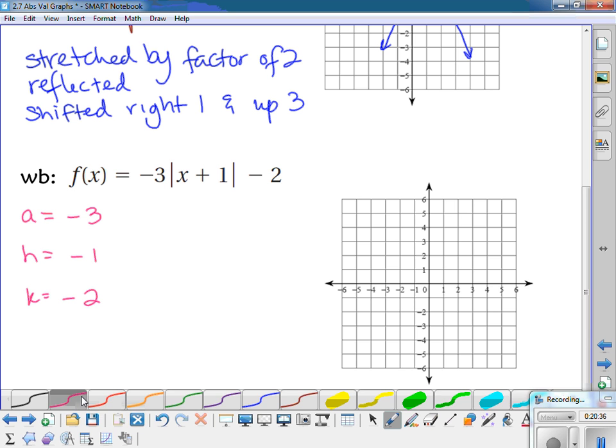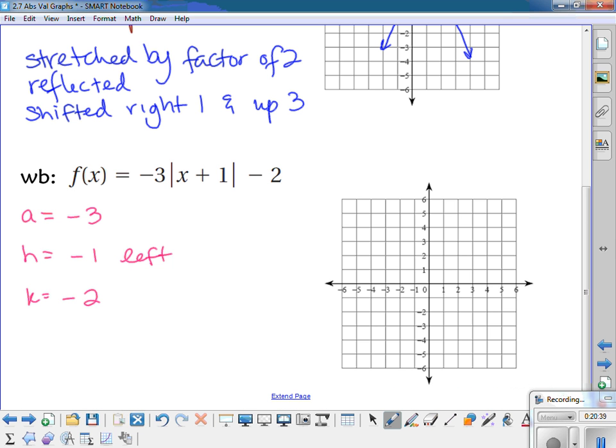If you're going to go -1, that means you're going left, and then you're going down. You have to do that first before you graph anything else. So I'm going to be starting at -1, -2, and then the -3 tells me I'm going down 3 over 1 in both directions. And there's your graph. All right, that concludes the lesson.